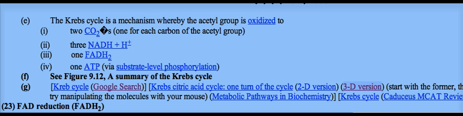Here's a summary of what's produced by the Krebs cycle. So you might want to pause and write this down. 2 carbon dioxides, 3 NADH plus hydrogen ion, 1 FADH2, and 1 ATP. So you might want to pause and jot that down.